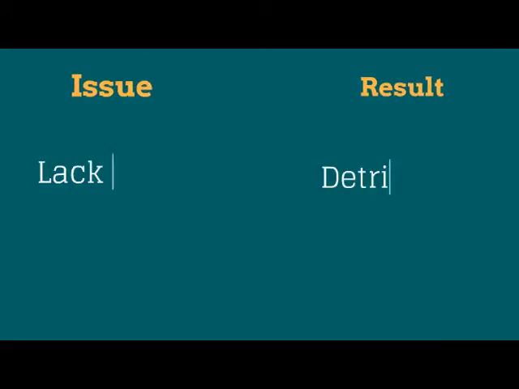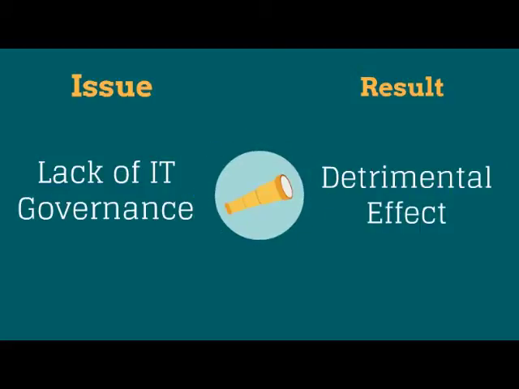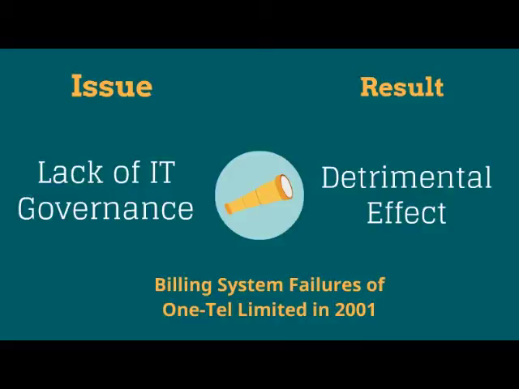A lack of IT governance may have a detrimental effect upon an organization, as evidenced by one of the well-publicized IT project failures in Australia. For instance, the billing system failure of OneTel Limited, which led to its corporate collapse in 2001, on top of issues pertaining to business ethics.